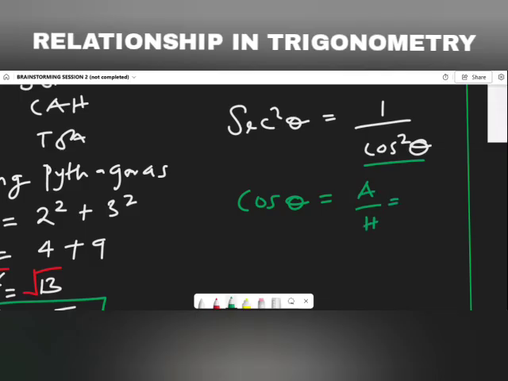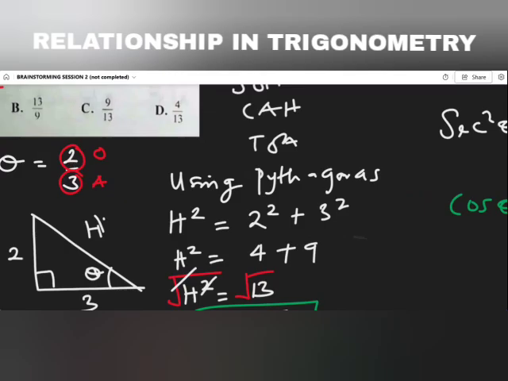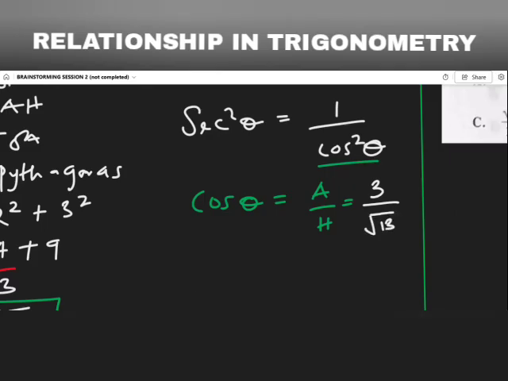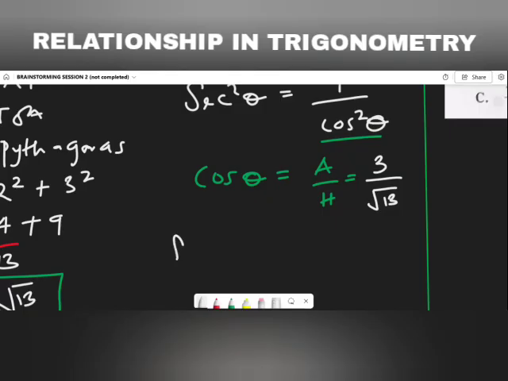Now you look at it carefully, our adjacent was 3, and our hypotenuse was root of 13. So sec square theta is equal to 1 over cos square theta, and the value of my cos theta is this.